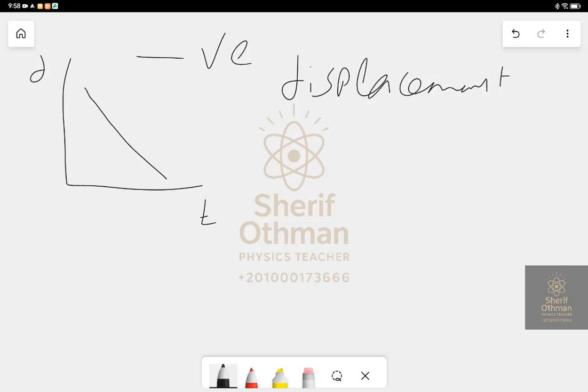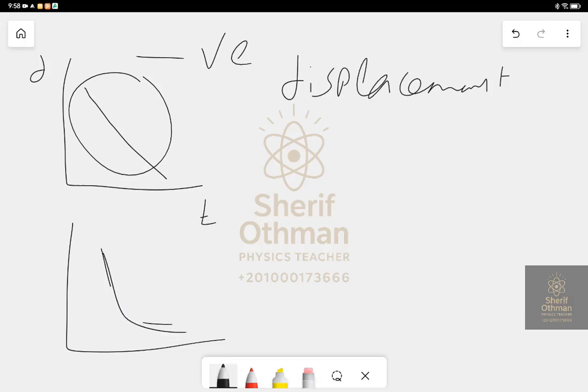What is the meaning of negative displacement, guys? Negative displacement means the object is returning back to the original point, the starting point, whether by constant velocity or changing velocity. But anyhow, by the end, the object is returning back to the starting point.